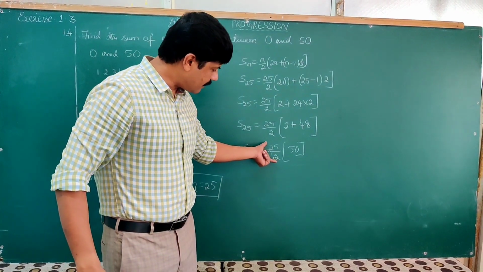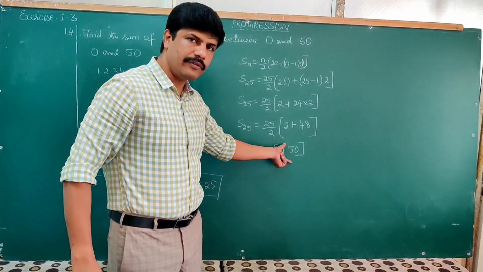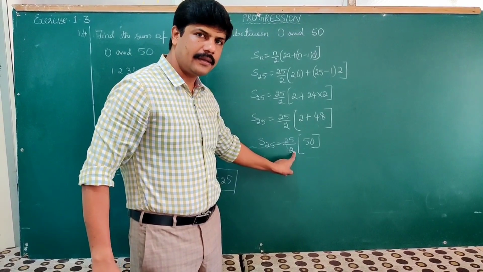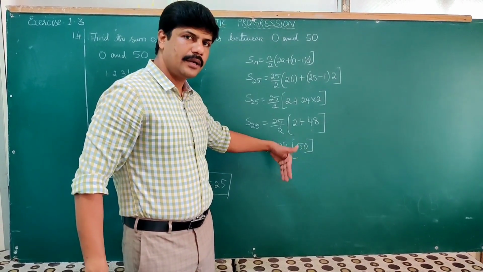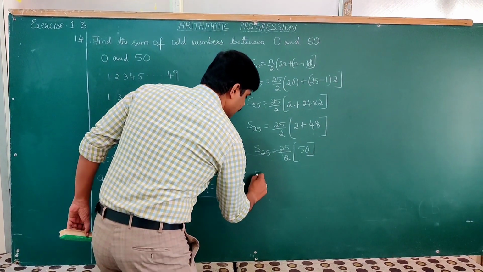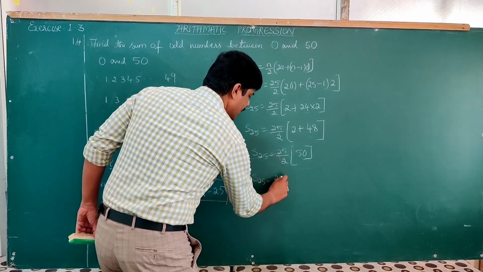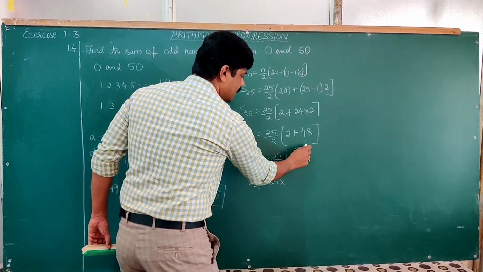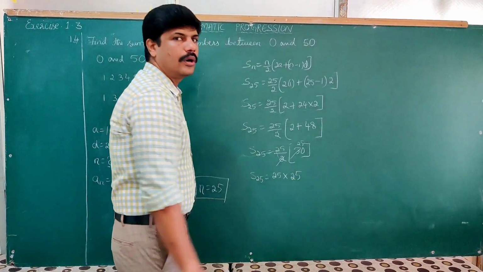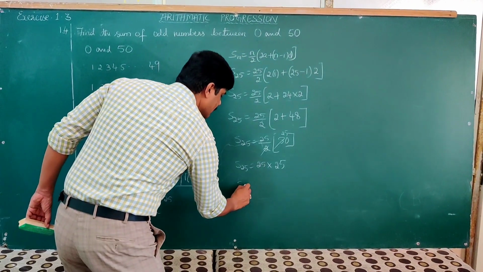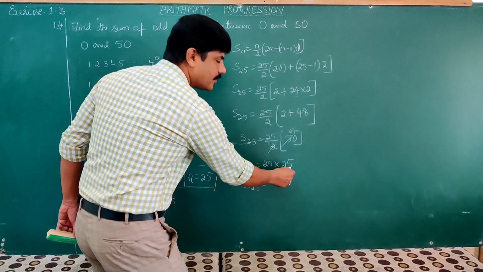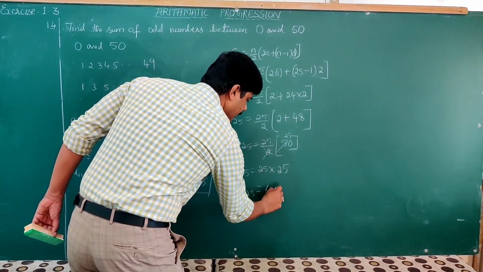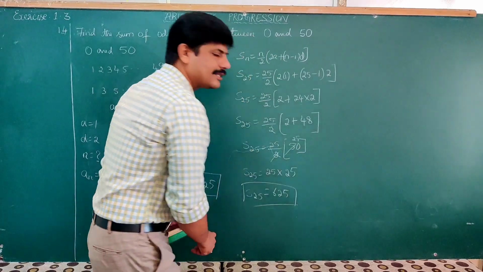Now see here, 25 by 2 into 50. 2 is in the denominator, 50 is in the numerator, so both are divisible. We will divide. After dividing, 2 25s are 50, therefore 25 into 25. Now, S25 is equal to 25 into 25, which is 625. What is this 625?